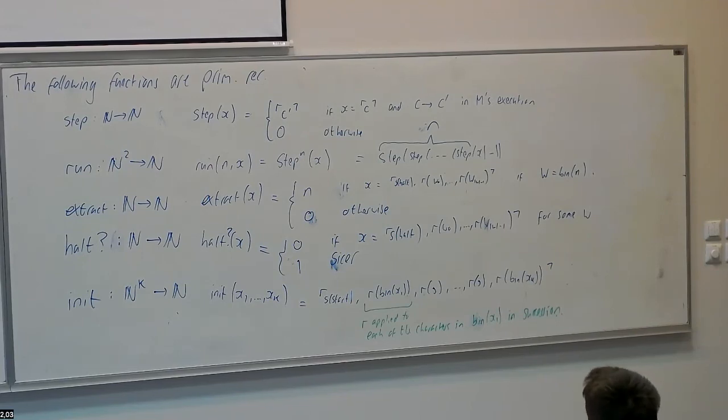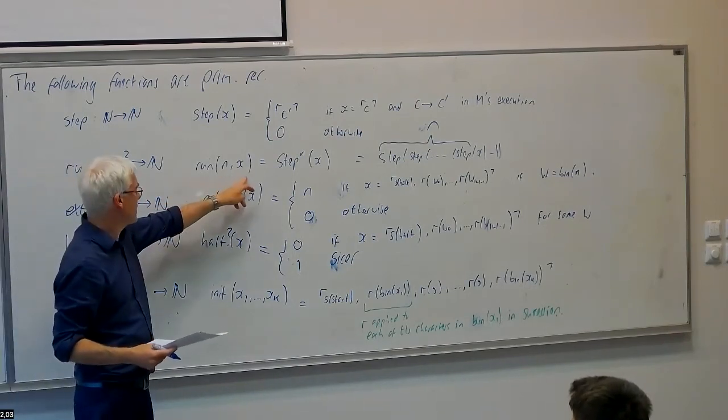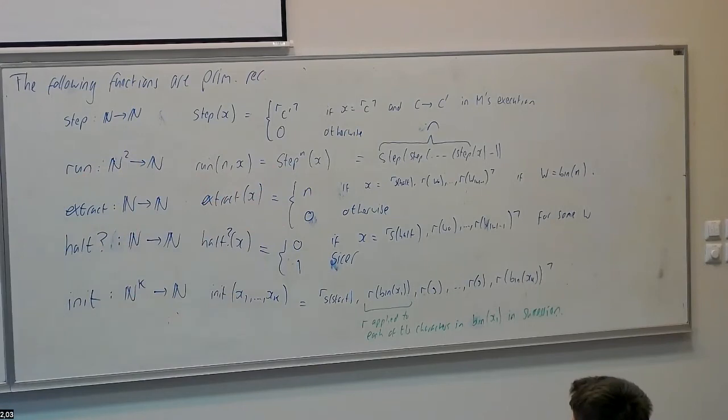F of x1 up to xk is, we want to see that it's a computable partial function, and it is because we simply apply the extract function to what we get by running the Turing machine. We need to tell the Turing machine how many steps we want to run it for. And to find that, we're going to use minimization to search for the right number of steps.